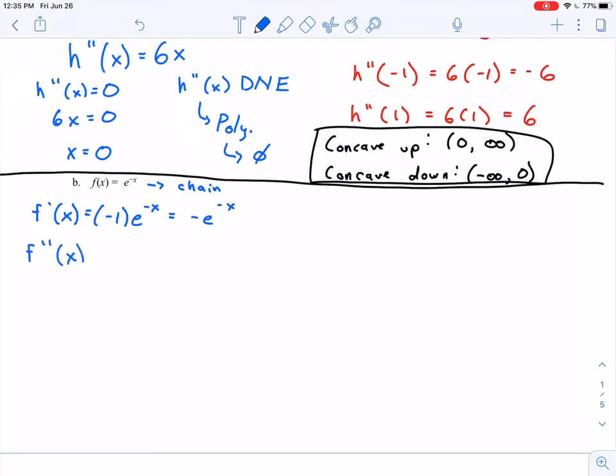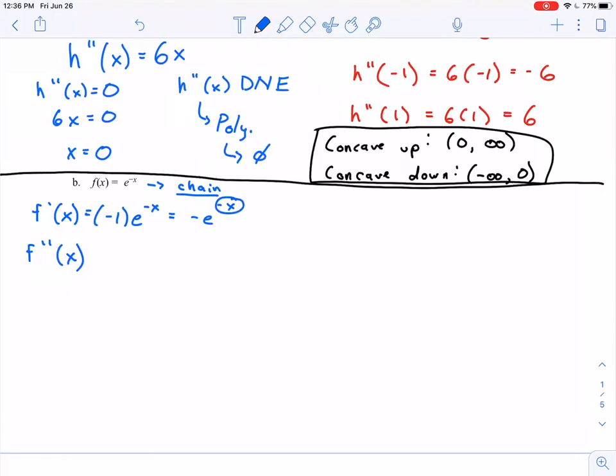So f double prime of x, now I'm looking at the derivative of this function right here. Again, I see exactly the same thing I ran into last time. I have that power of negative x. Again, this is also going to be a chain rule. So our derivative formula for e to the u said we multiply by the derivative of that power, our u prime.